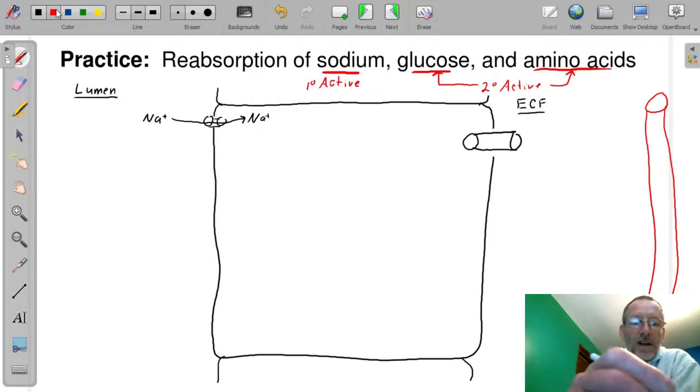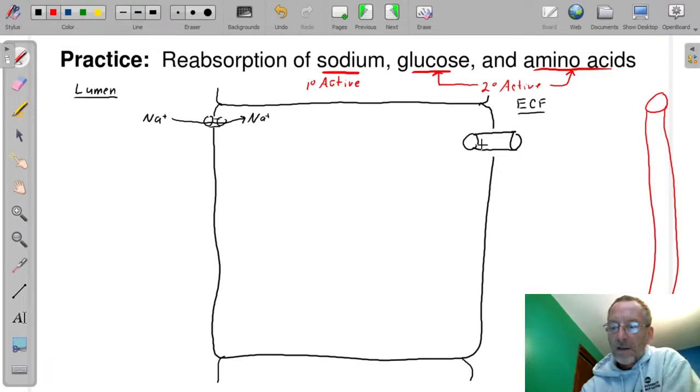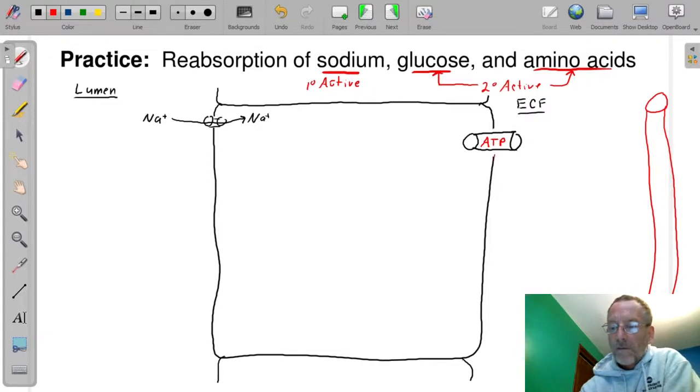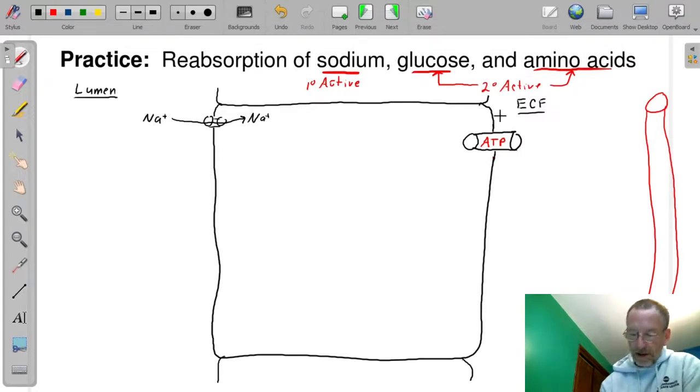This is hydrolyzing ATP, so we could just write ATP here to remind us that ATP needs to be hydrolyzed. And then the sodium, let's just follow this out and get the sodium-potassium pump working.